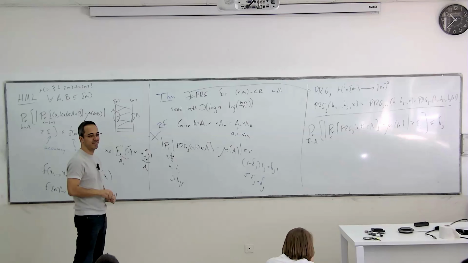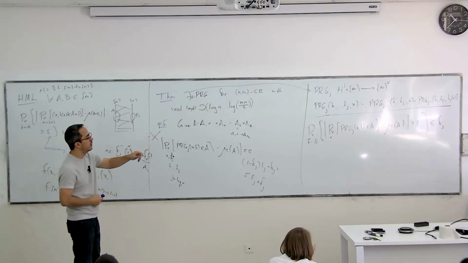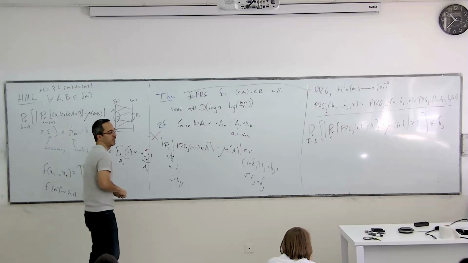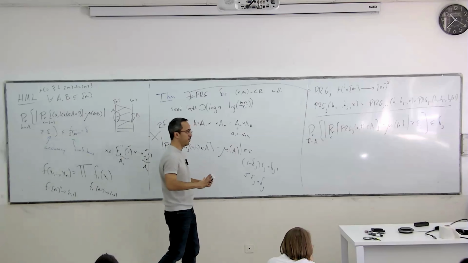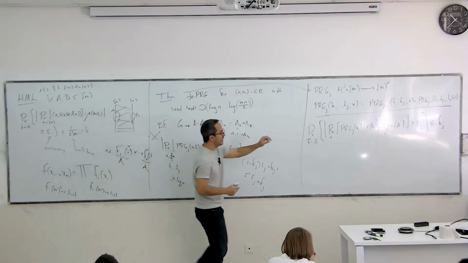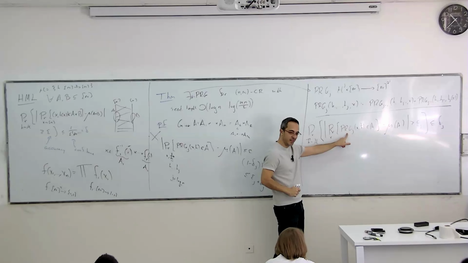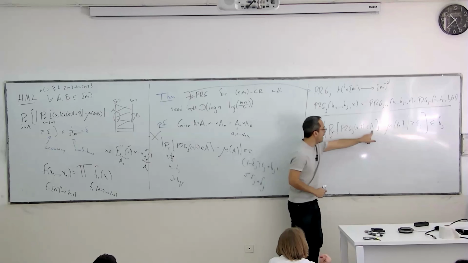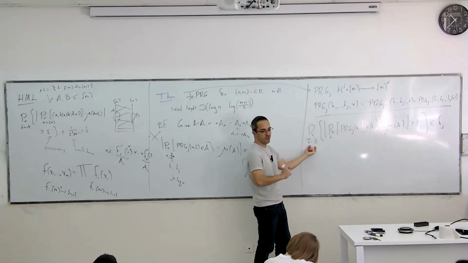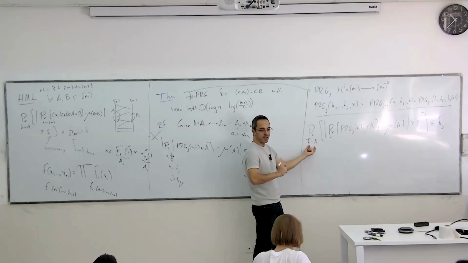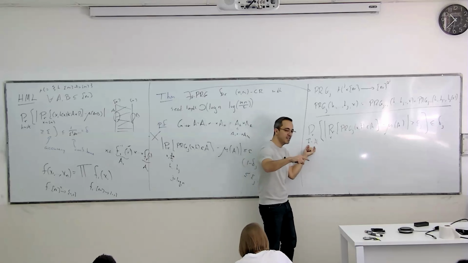So this is still probabilistic, like there exists a set of H's. The explicitness is on the PRG, and for every A, there will be a different set of H's that works. It's even worse in that sense.